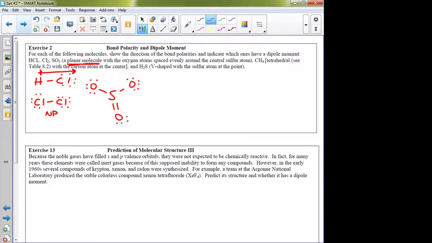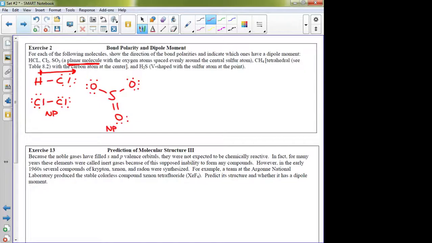Because if I had a double bond on sulfur, would it be a planar molecule? No. It is nonpolar. How do I know it's nonpolar? Because all of the electrons are spaced evenly around, and that means they're pulling the electrons evenly, so therefore I don't get a dipole moment.